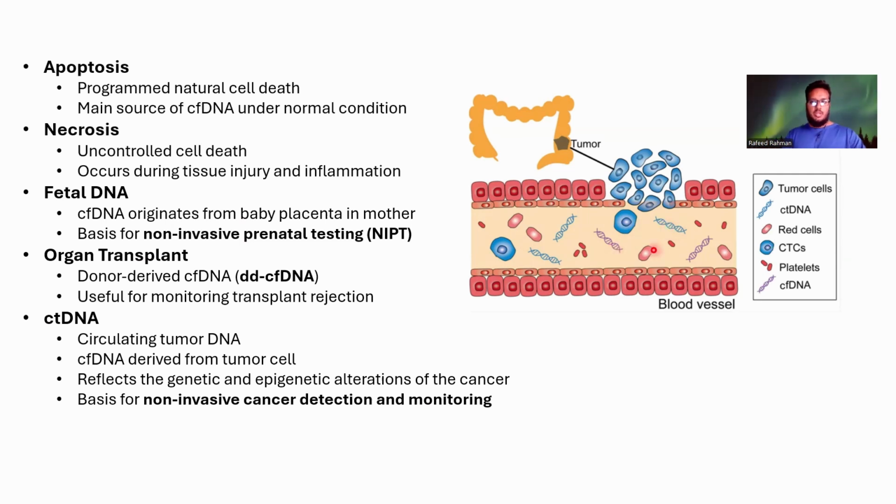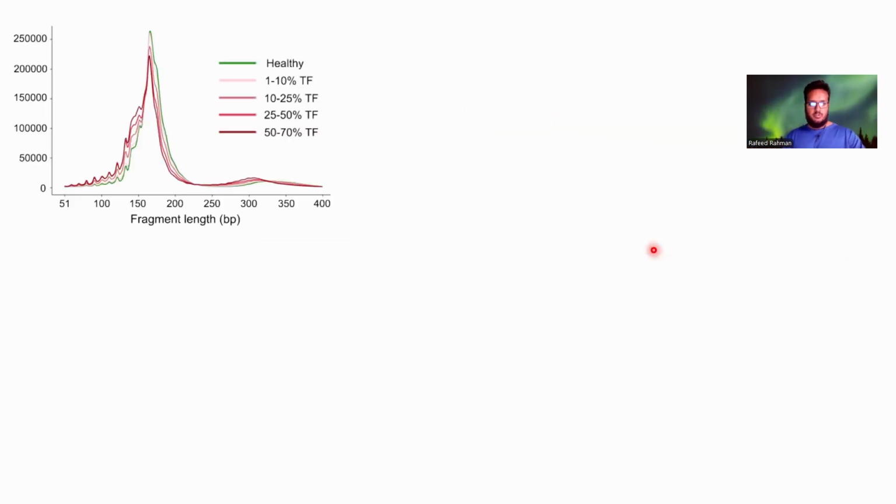Now let's see some important properties of cell-free DNA or ctDNA that can enable us to detect cancer or monitor the progress of the cancer. As I mentioned before, most of the cfDNA fragments are in the range of 100 to 250 base pairs. If you are a healthy person, like the green one, you have this green curve as your fragment length distribution.